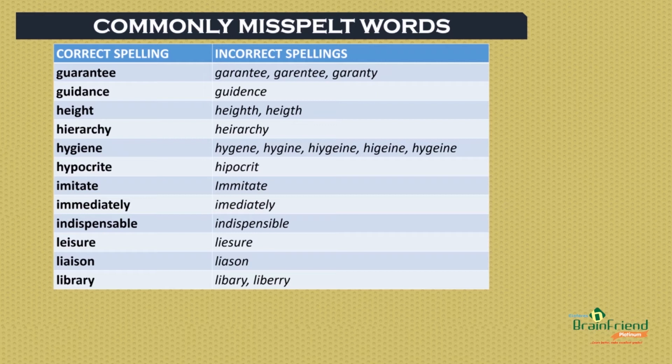Also, we have the word guarantee, spelled G-U-A-R-A-N-T-E-E, wrongly spelled as G-A-R-A-N-T-E-E, G-U-A-R-E-N-T-E-E, or garente, or garanty.